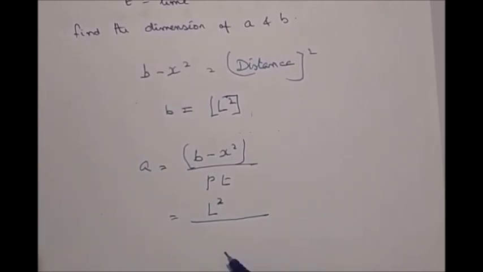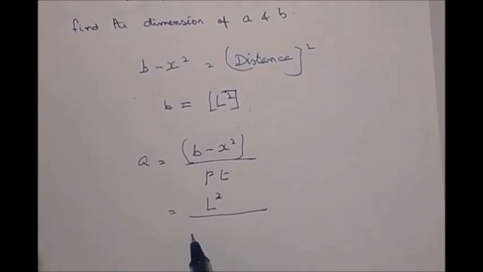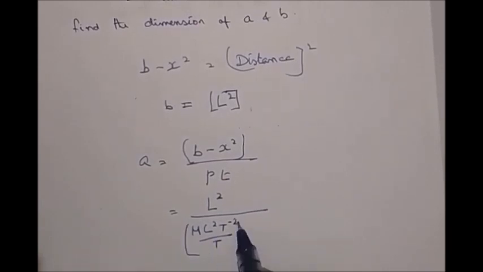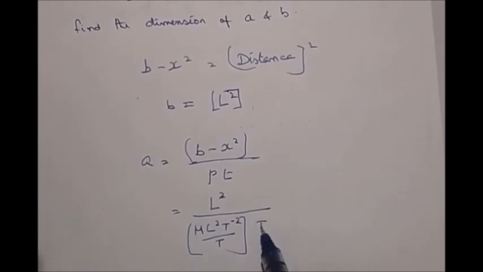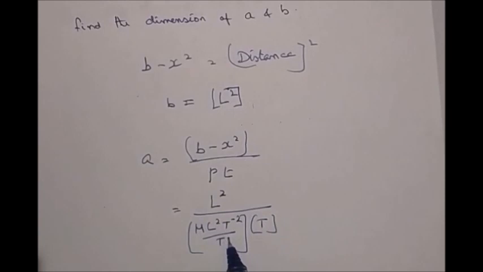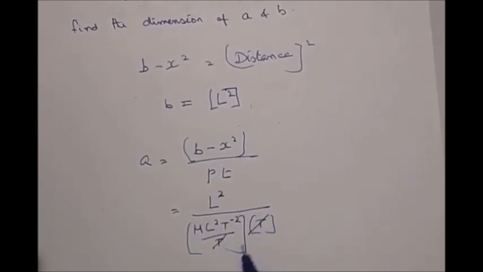So we'll be able to make this as mL2 t minus 2 divided by time. So energy per unit time into time. So t is time here, this is power. These two get cancelled out.